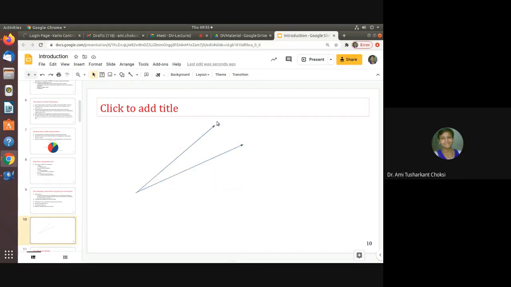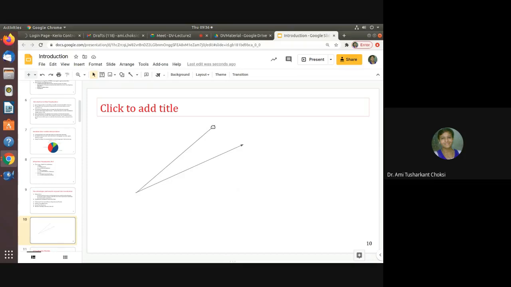Whatever variable we are considering, say this is cost, and this is temperature. The temperature is increasing, but cost is increasing more than that, isn't it?